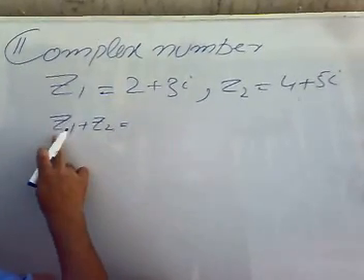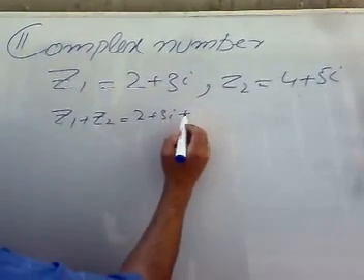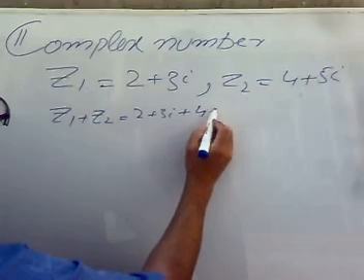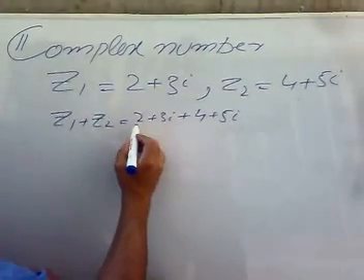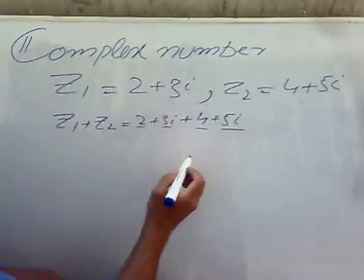So we put the value of z1, that is 2 plus 3 iota, plus 4 plus 5 iota. Now if you see, these are the two real parts and these are the two imaginary parts.